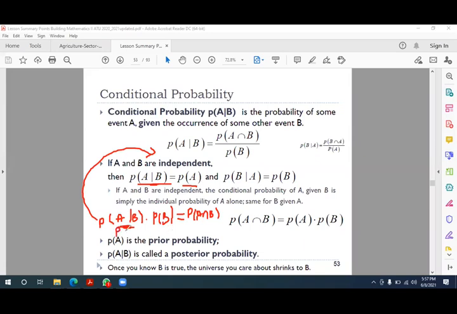So the formula will just reduce. This becomes P of A, and the first term will become P of A times P of B, which will become P of A intersection B. So that is the term we have written here. If you want the probability of Abraham and Benjamin, which is A intersection B, this time the word is and, not or.